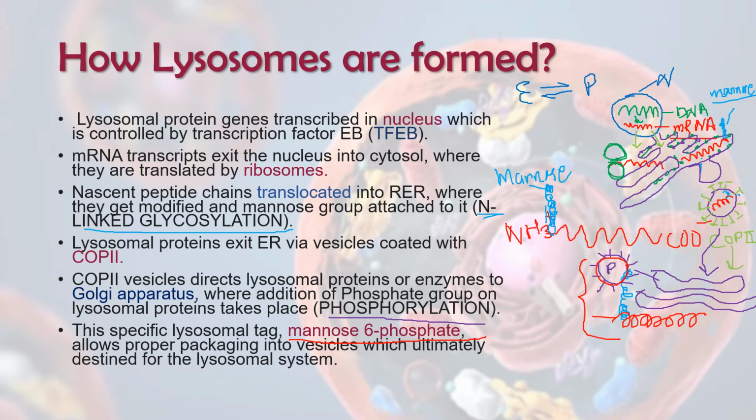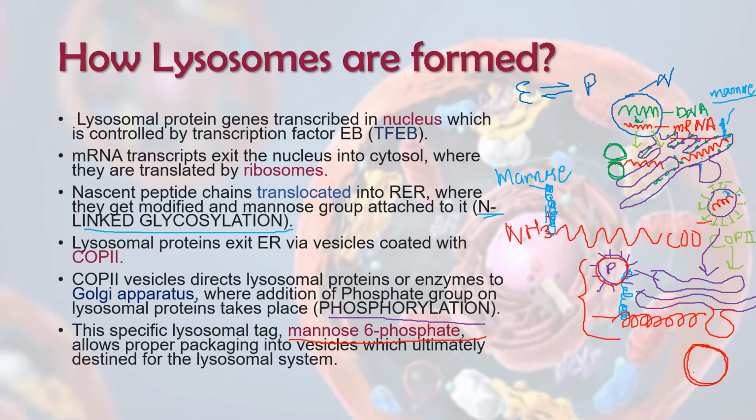Now, what is the next? When it buds off through the trans face of the Golgi apparatus, this particular part is pinched off, okay, in the form of a separate vesicle that is ultimately known as our lysosome.